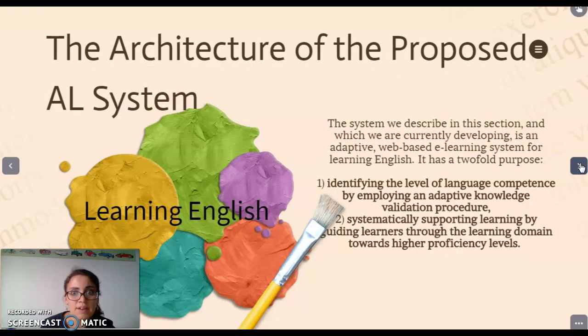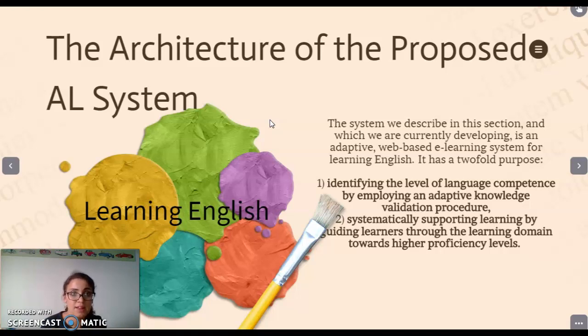And I want to speak a little bit about the architecture of the proposed adaptive e-learning system. I read an article and I put it in the references. It was very interesting.